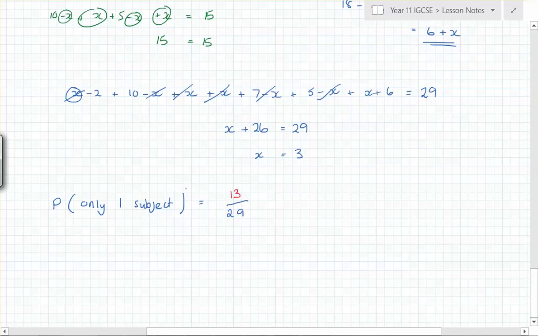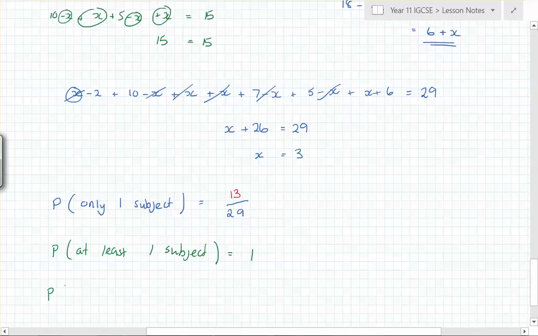So probability statements. If I said to you, what is the probability of at least one subject being studied? You would say, yeah, 100%, 1, 29 out of 29, whatever you want to say. Okay.